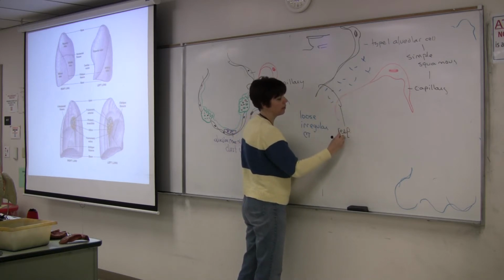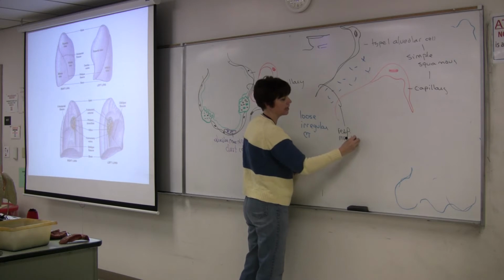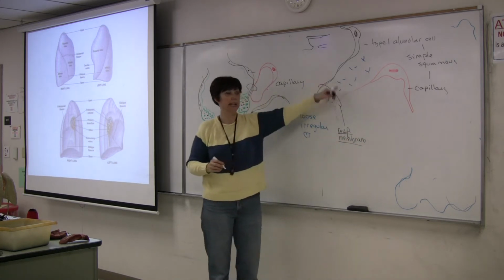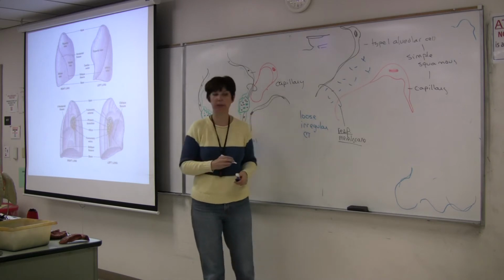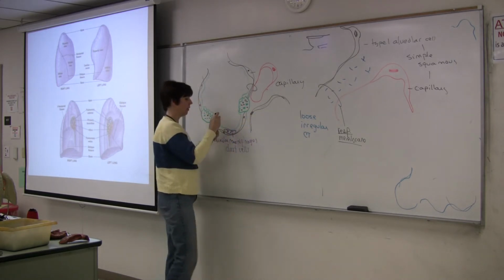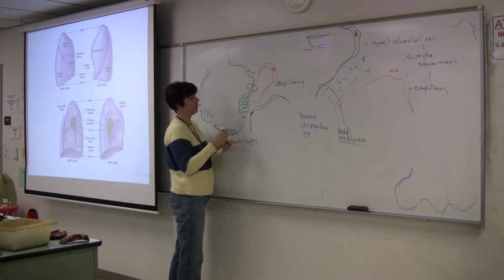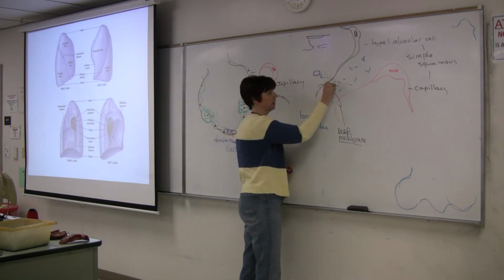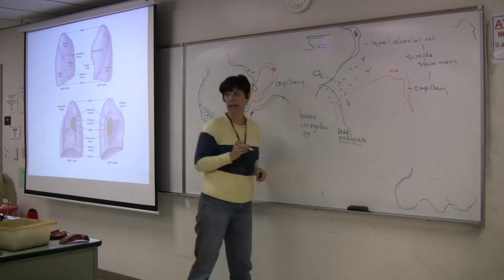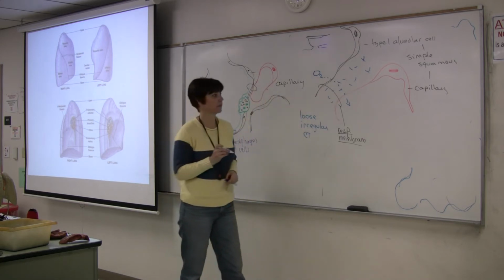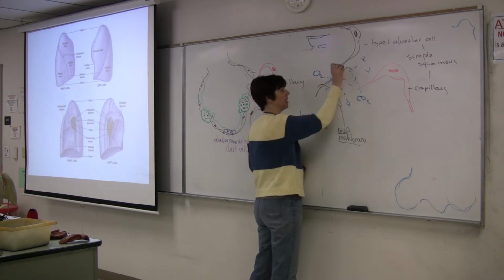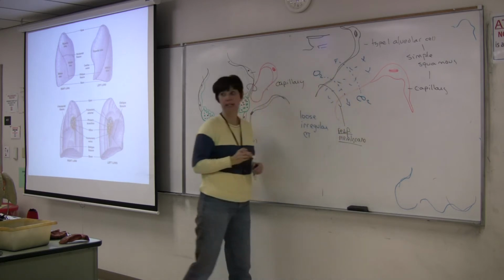So on Tuesday, when we talk about gas exchange, this is where that gas exchange is going to occur. So we're going to have oxygen moving from the alveolus into the capillary, and carbon dioxide having a net movement out of the capillary into the alveolus.